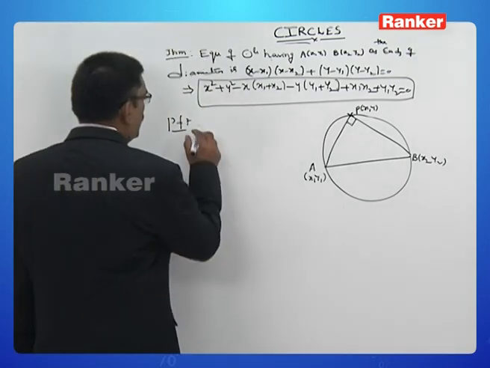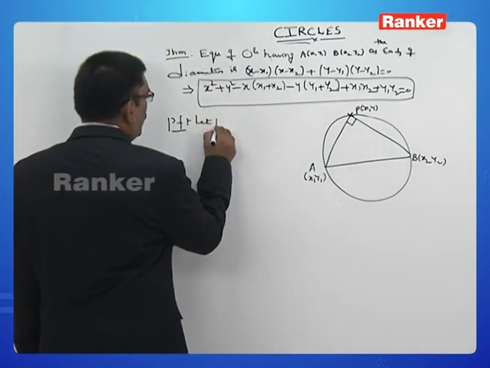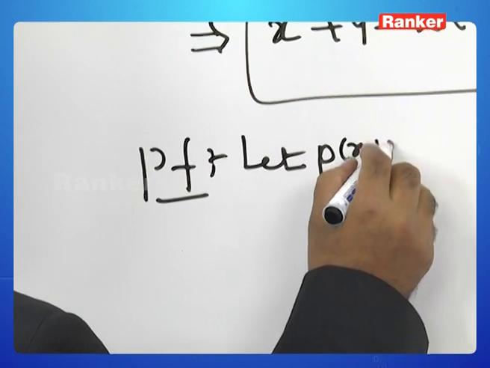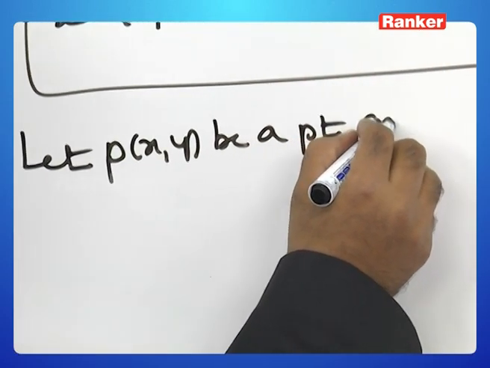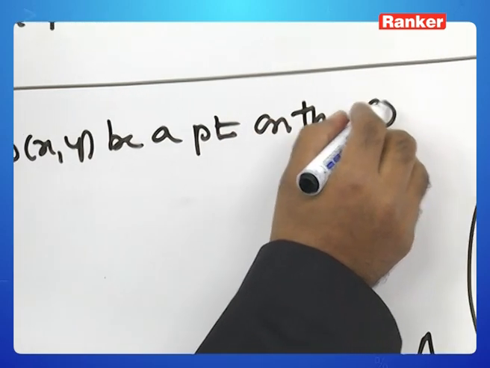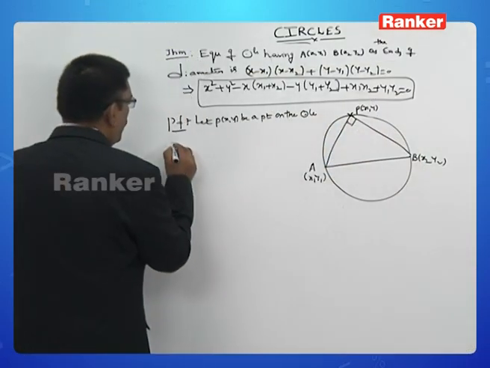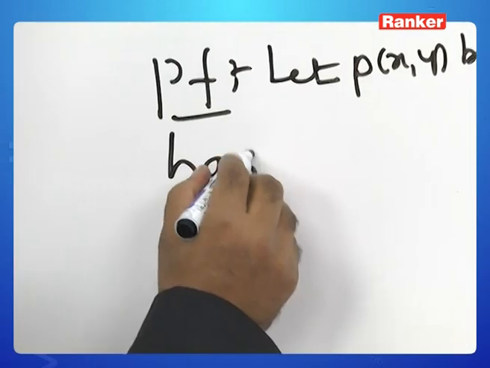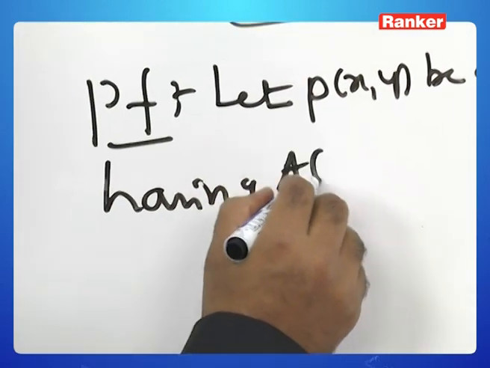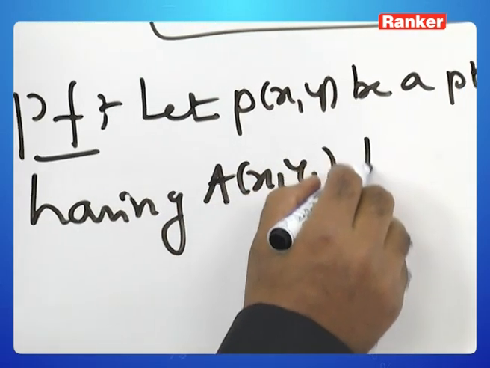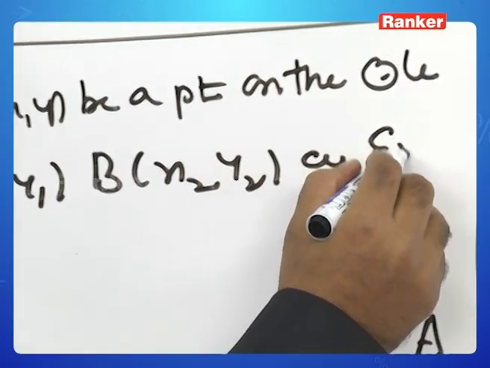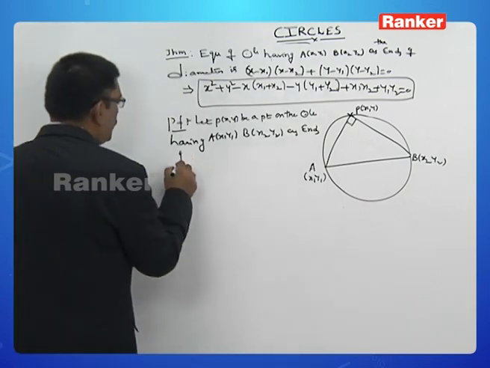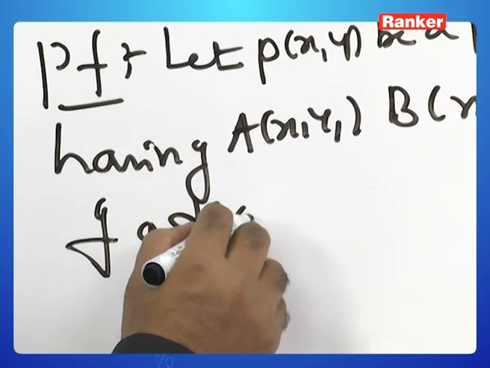Now I start. Let P of x comma y be a point on the circle having A of x1 comma y1 and B of x2 comma y2 as ends of a diameter.